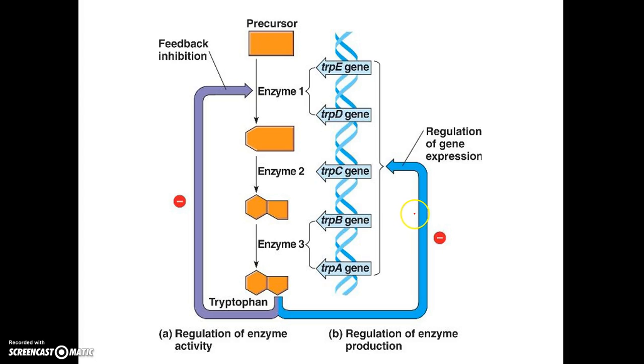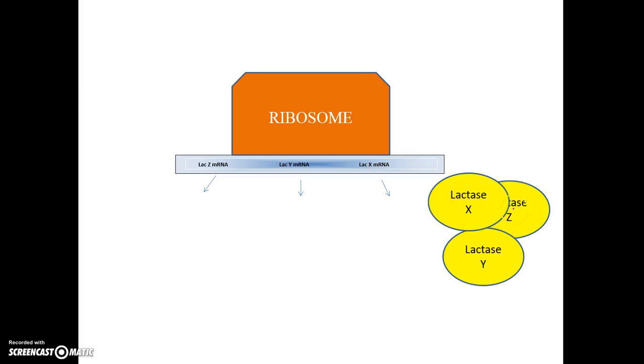Once that lactose is broken down, that includes the one that's on the repressor, so the repressor will go back to the DNA, attach again, and prevent any further production of lactase. Okay, so that's the Lac operon.